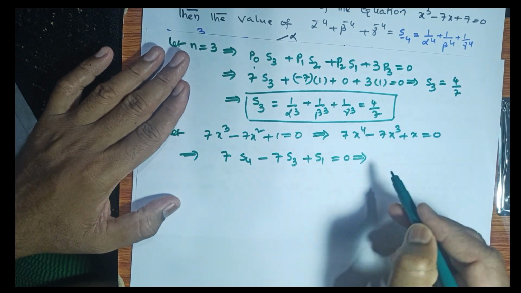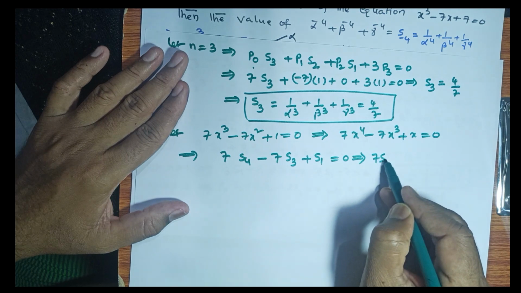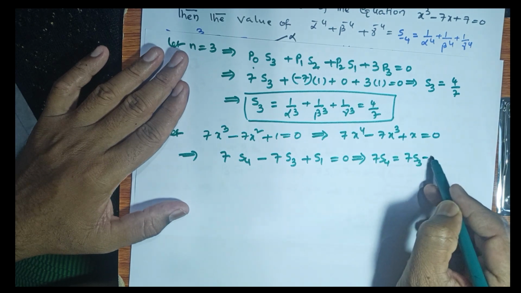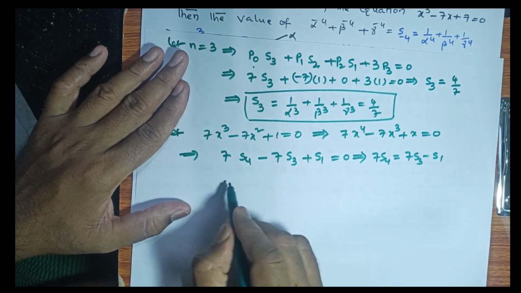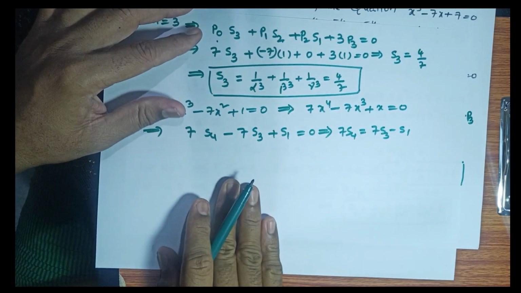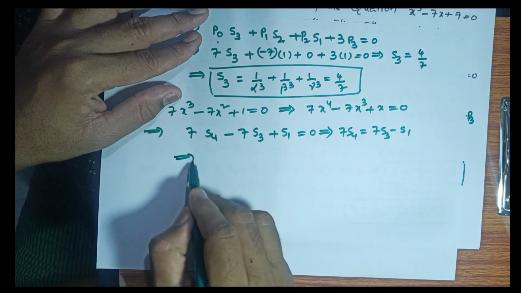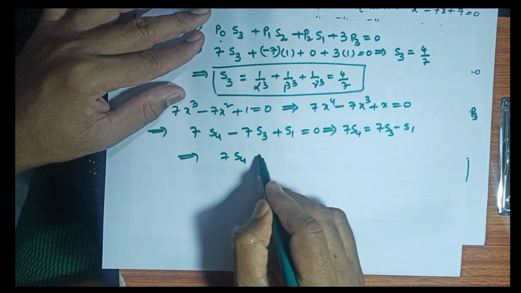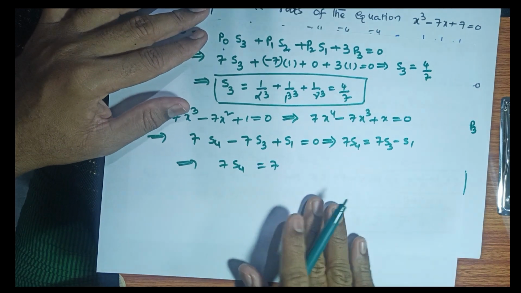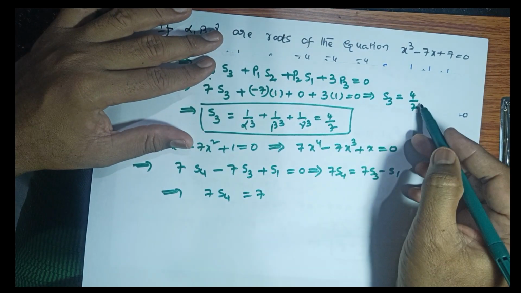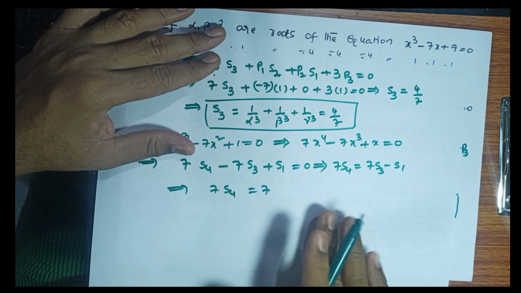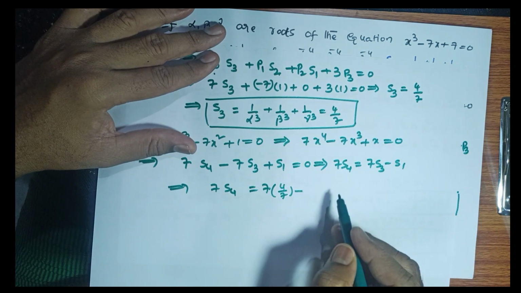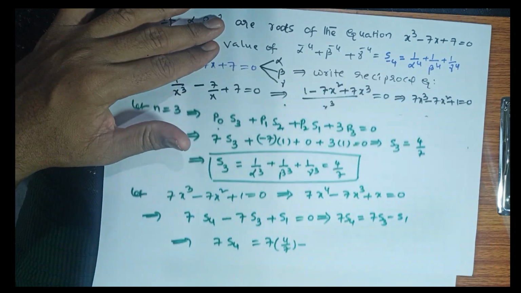So that means 7S4 is equal to 7 into S3 minus S1. The S3 value we got is 4 by 7, and the S1 value we got is 1.